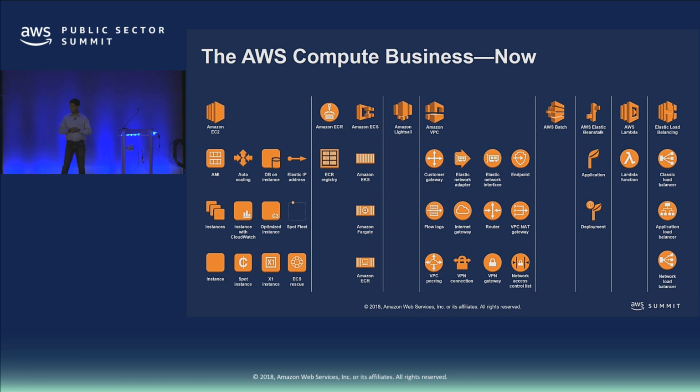You have the VPC constructs, you have the NAT gateway, VPC peering, and then going into the serverless model, before we hit the serverless model, there is Beanstalk, which is basically another container-based service with which you can easily deploy onto AWS. And finally, you have load balancers that you can take advantage of.